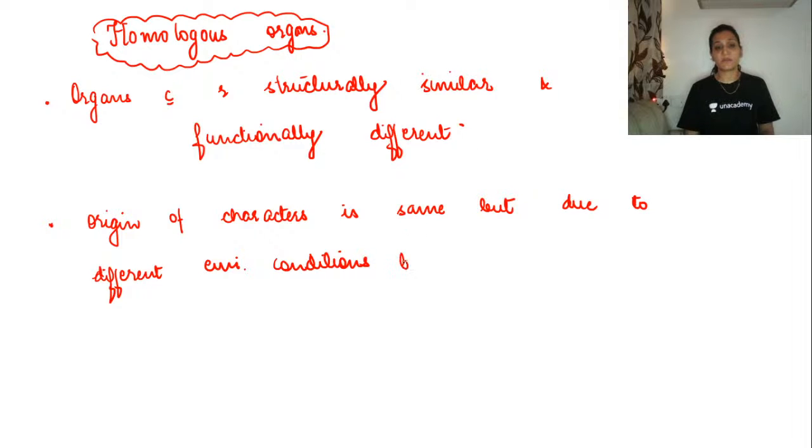So they became divergent. Divergent adaptive evolution.